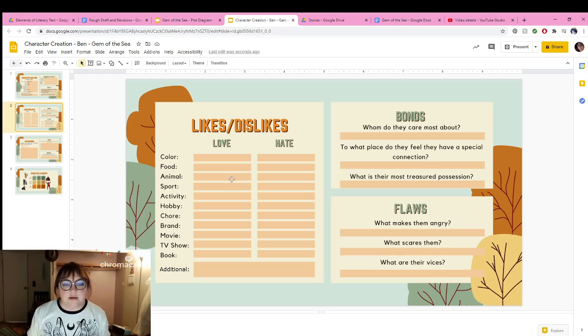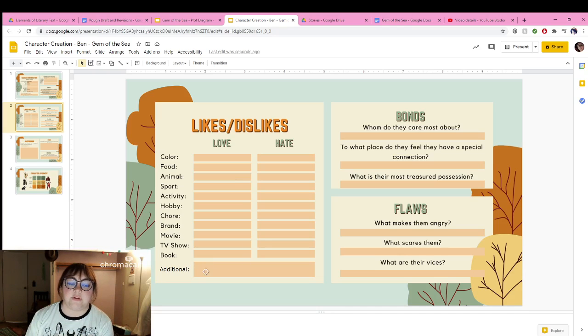If he really doesn't like animals, then you can say that. Like, what animal does he love? Like, he detests creatures and he thinks they should all die. If that's part of his character, then yes. But it can't be a lazy response like, oh, he doesn't have a favorite food. Yes, he does, okay? Everybody has a favorite food, unless it's part of his character to not have a favorite food. Okay? So make sure those are all filled out.